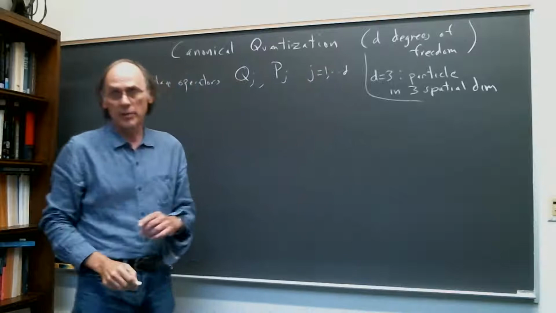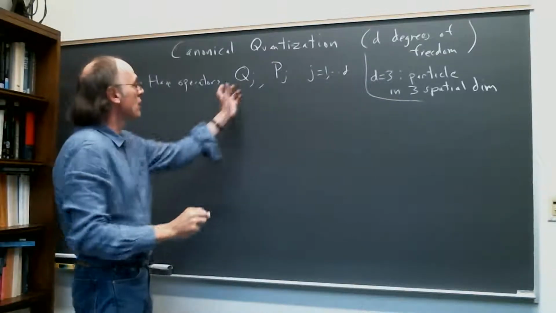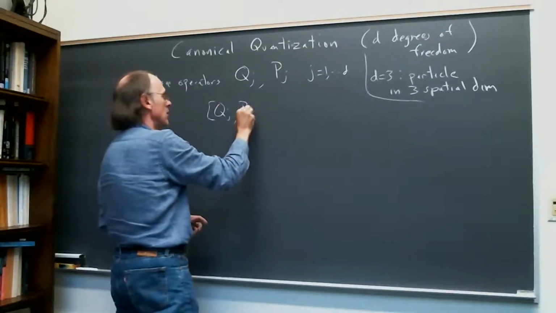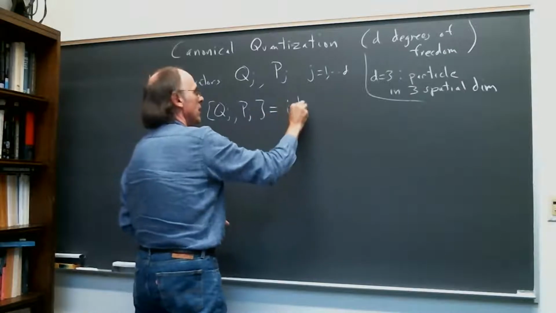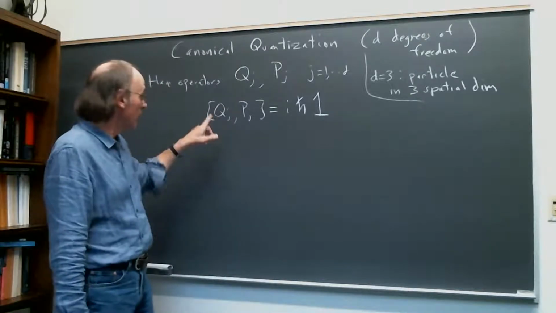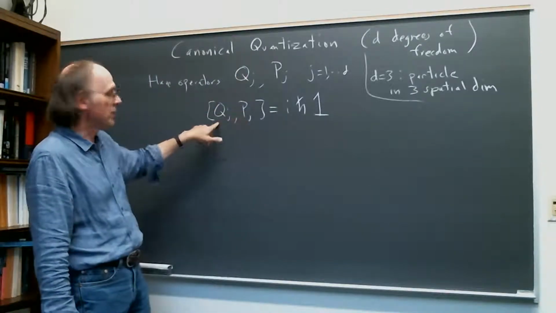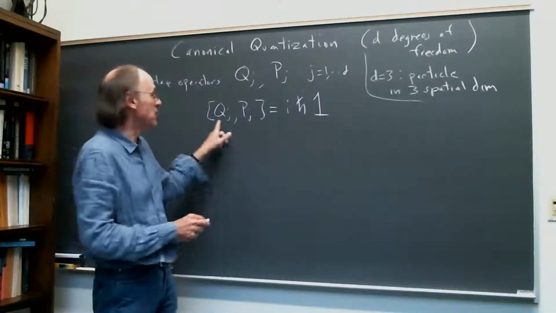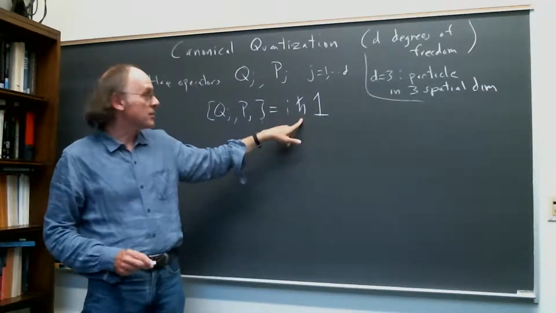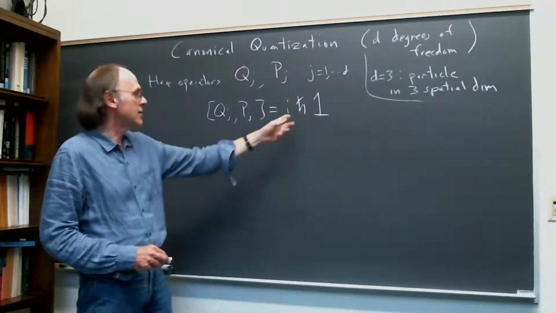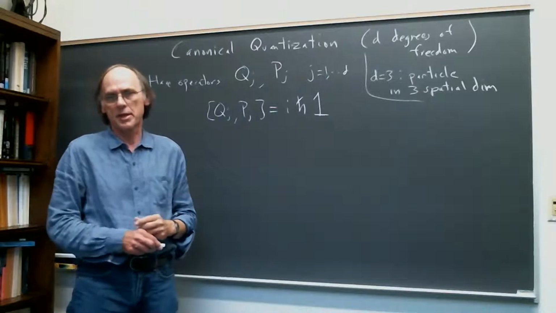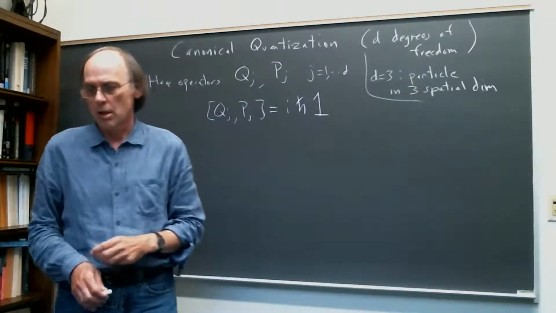So there's d of them, and they satisfy commutation relations: the commutator of q_j and p_j is i h bar times 1. If you operate first with this one, then with this one, and then subtract the same thing in the opposite direction, you get i times the identity operator times the dimensional constant h bar. Some of the time I'll keep h bar around, and sometimes for simplicity I'll set it equal to 1, depending on what I want to talk about.